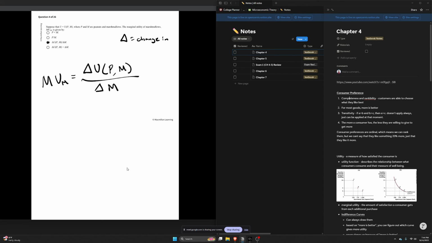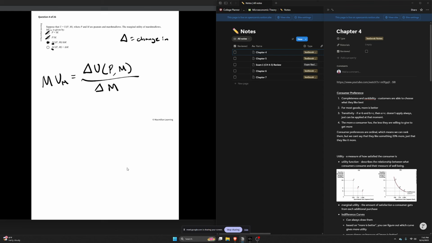So a lot of times you'll see those together. So it's a good hint when you're looking for marginal utility, which is what this M is. Then it's a good idea to look for these delta symbols. So that's kind of a good trick to help narrow stuff down. And then just kind of look at what these other two are saying, right? So the utility divided by the change in marshmallows.